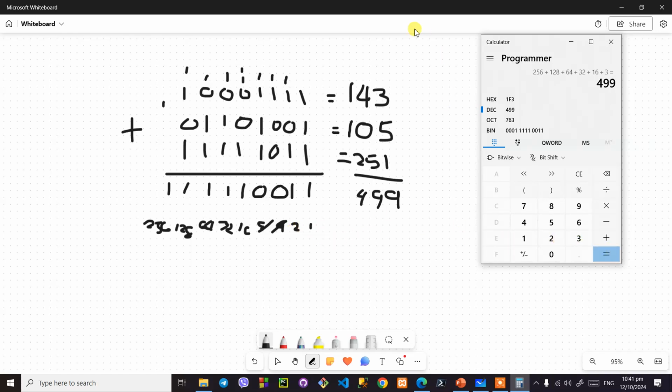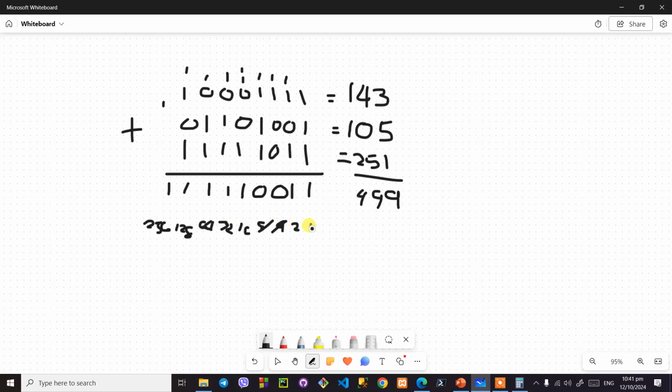So 499. So we have the same result kung i-compute siya on its decimal placement. So meaning the result of this 3 binary using the addition is 111 11011. Okay? So that is for the addition process.